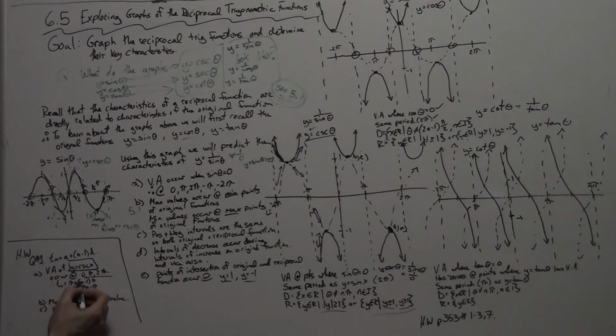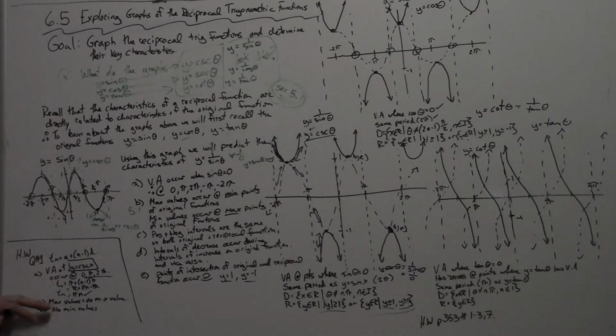So pi plus n minus 1 times pi, I multiply pi times n and pi times negative 1. I get pi plus pi n minus pi. These pi's cancel, and I'm left with pi n. Okay, so that's my general term for the vertical asymptotes.